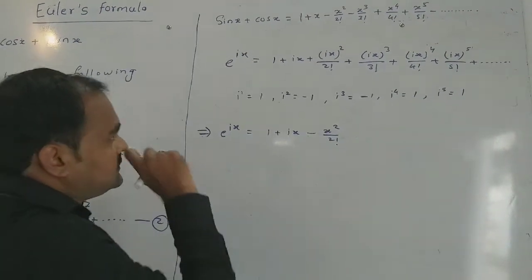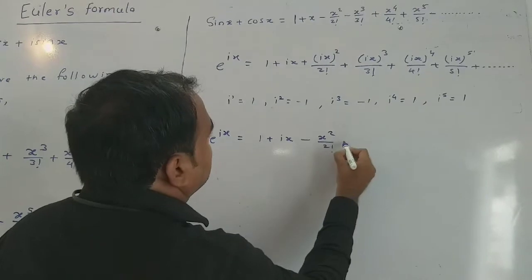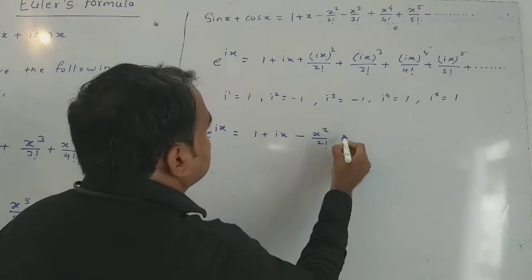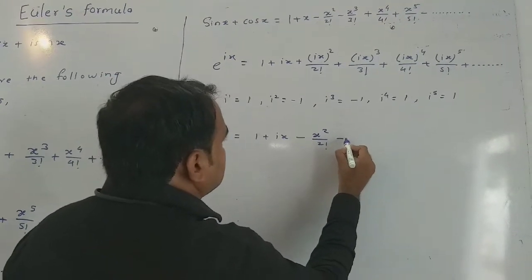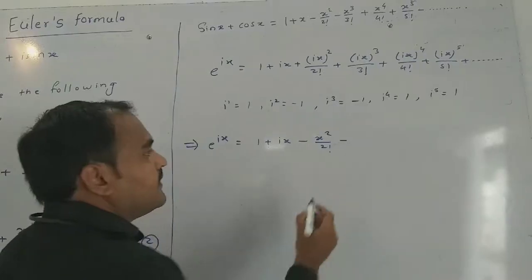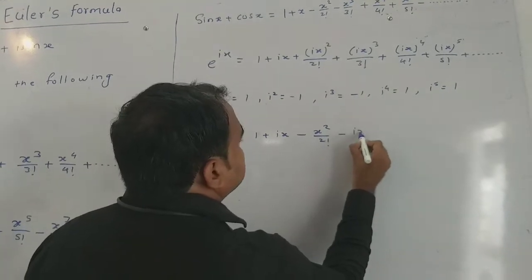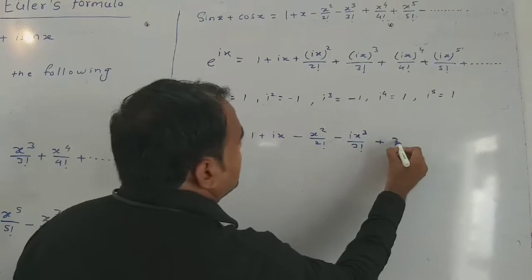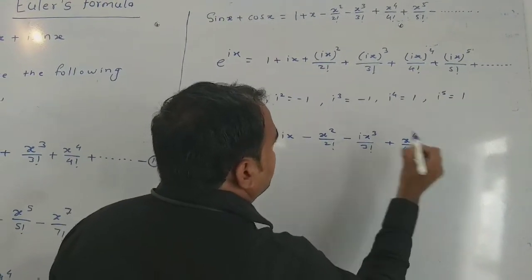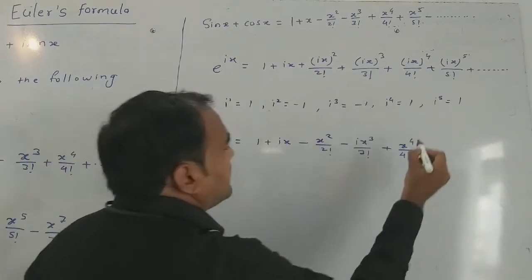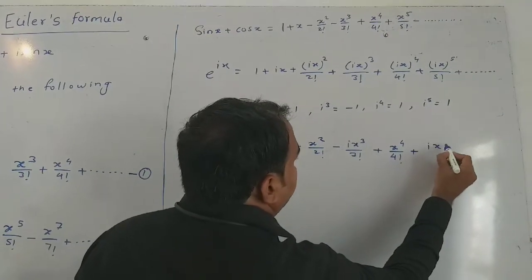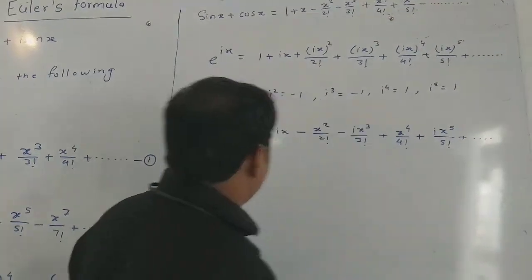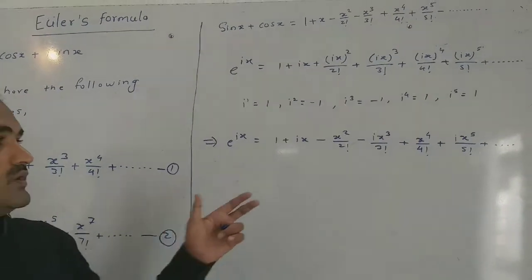Then for i cube we get minus i x cube upon 3 factorial, and next plus x to the power 4 upon 4 factorial, and then minus i x to the power 5 upon 5 factorial plus and so on. So we get this type of series.